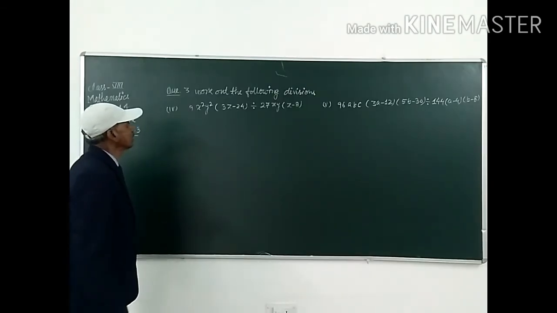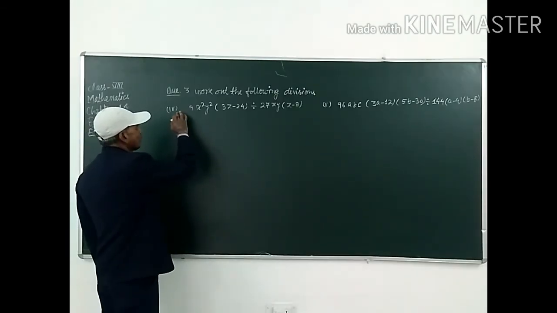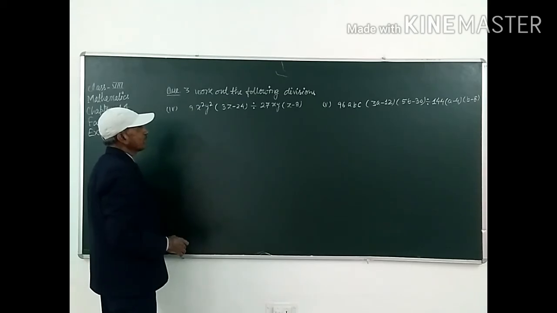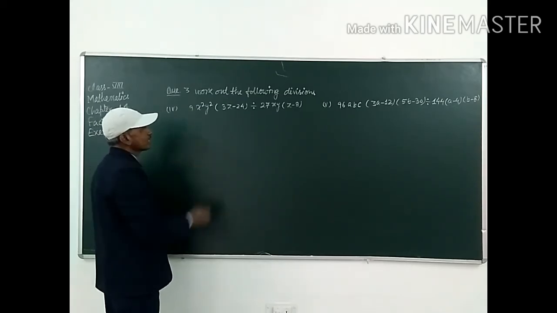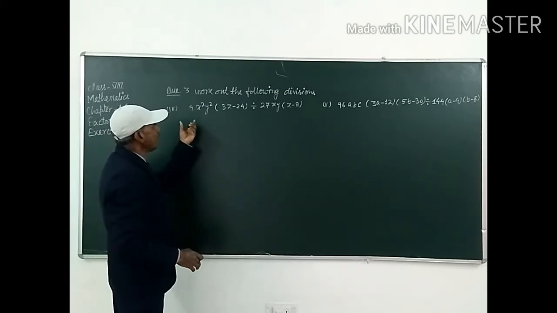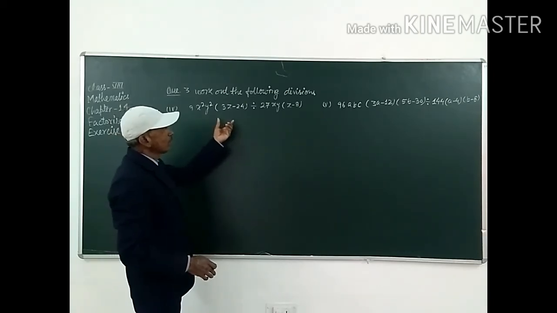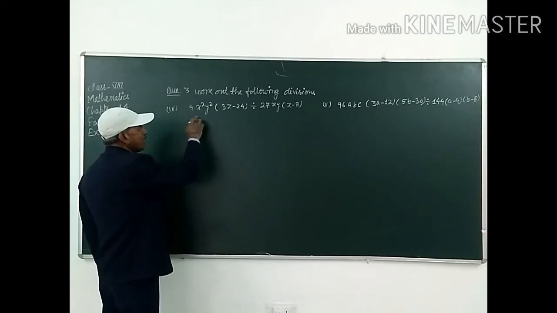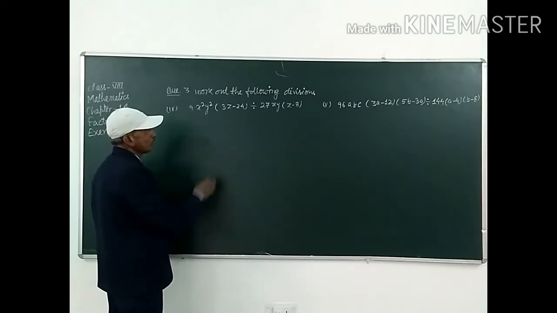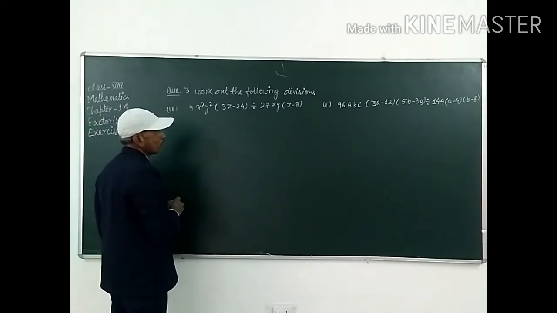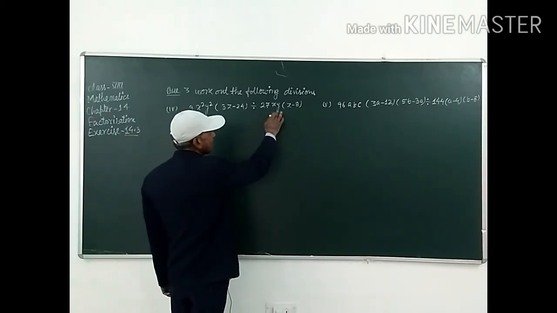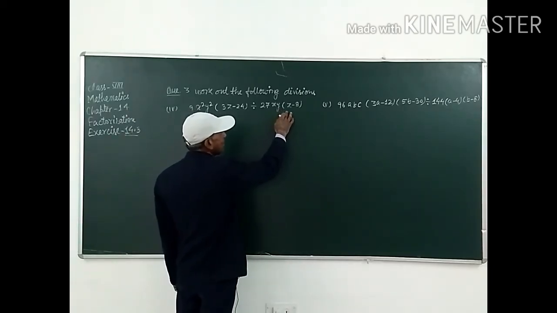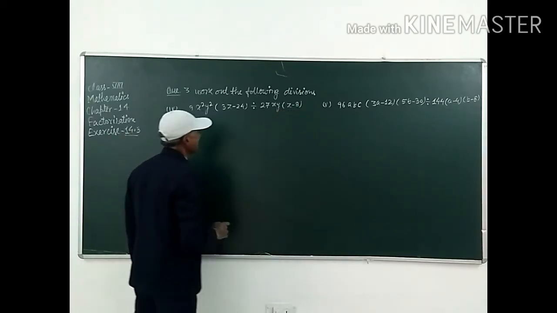This one is the answer, student. This is the fourth part of question number 3, and in this we have to divide the first part by the second part. So the first part is 9x square y square into 3z minus 24 divided by 27xy into z minus 8.